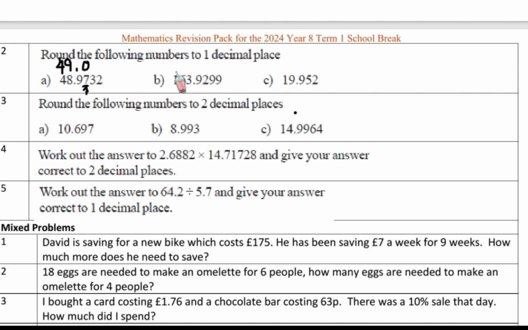For B, it will be 163.9. For C, it will be 20.0.